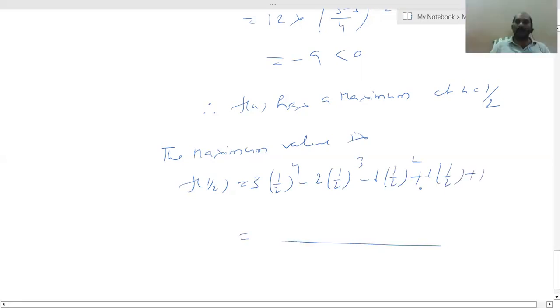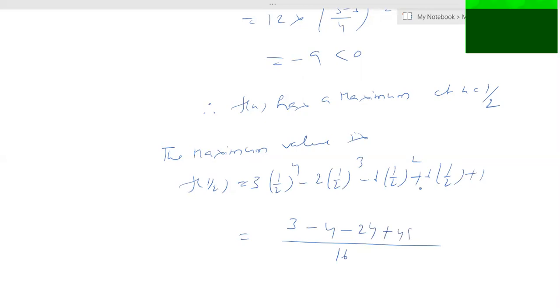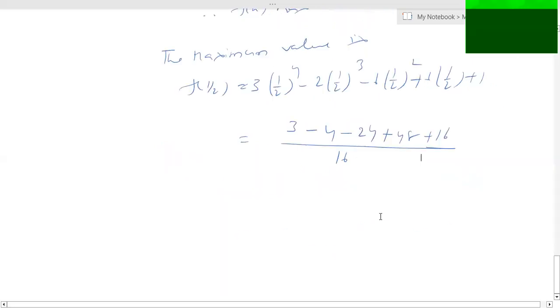LCM becomes 2 power 4, which is 16. Here 3, here 4, here 24, here 48, here 16. Simplify this expression.